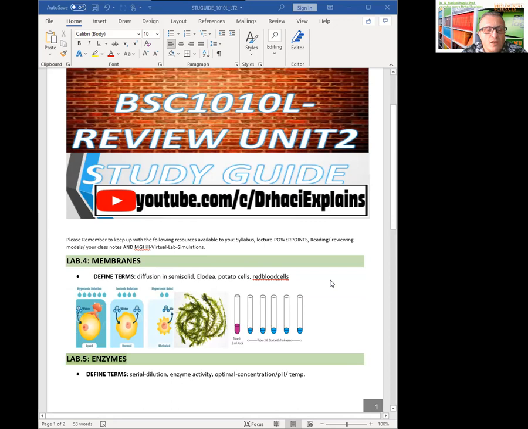If you remember, we had 3 different situations that could happen. Hypertonic is when there is a higher outside solute concentration than inside the cell. Salt moves from high to low, into the cell, and water moves out of the cell.